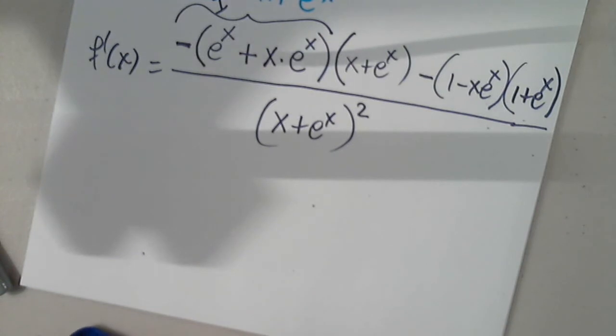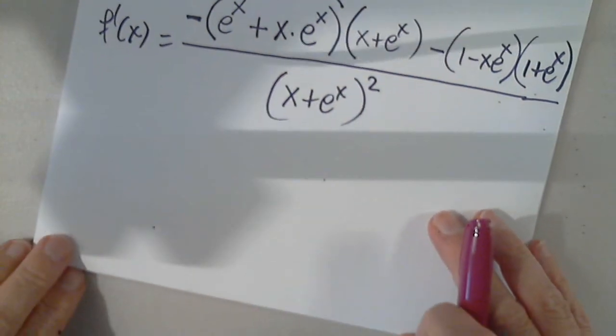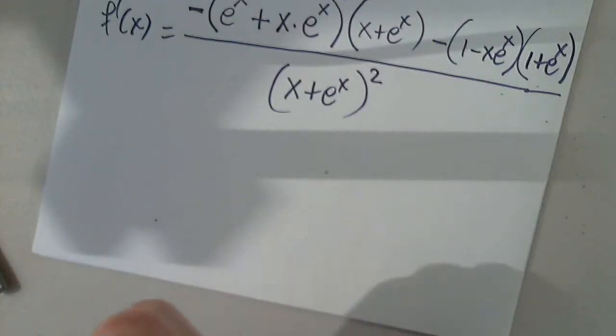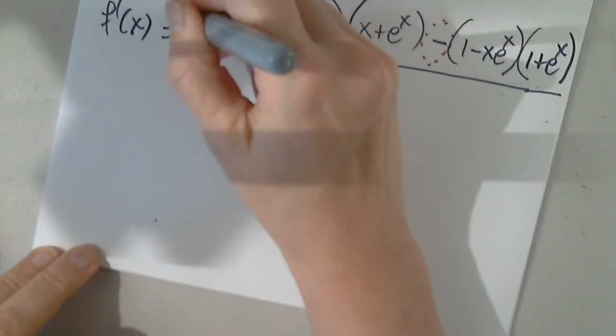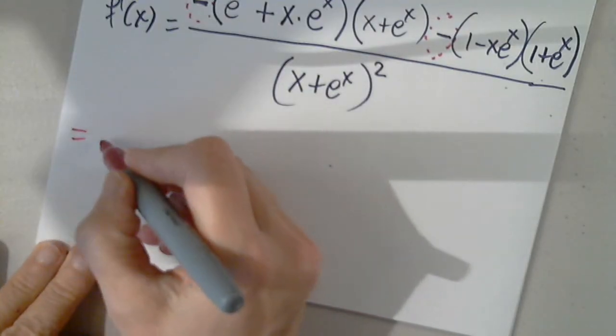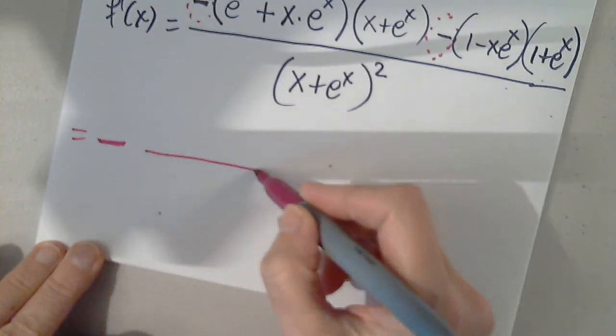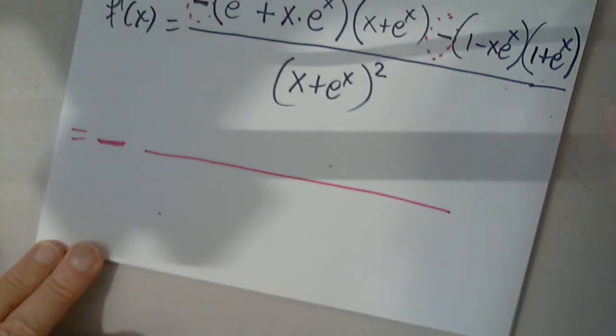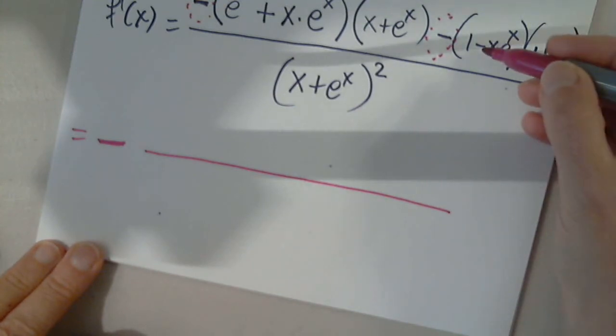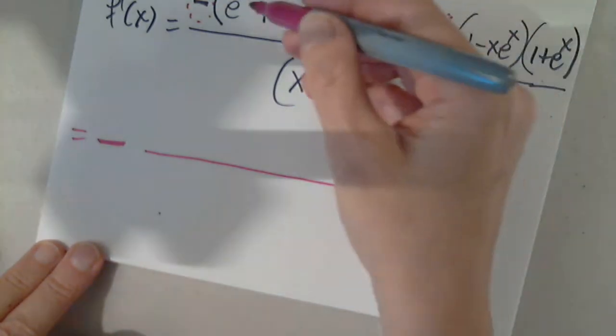Is it done? No. We have to simplify it. Because I see a negative sign here, and I see a negative sign here, and because I always want to simplify and factor, I put the minus in front. Now everything is positive, except when I get here, that's a different story. But I put a negative and negative.